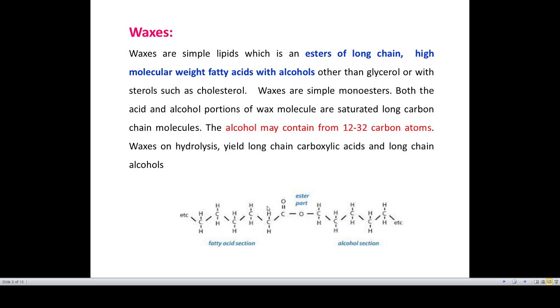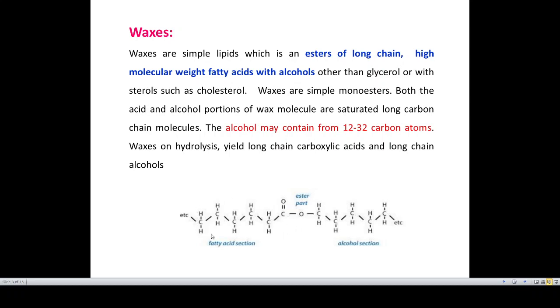So, waxes are the ester linkage between a fatty acid which has a very high molecular weight and an alcohol, and that compound we call waxes, and hence these waxes are simple monoesters.